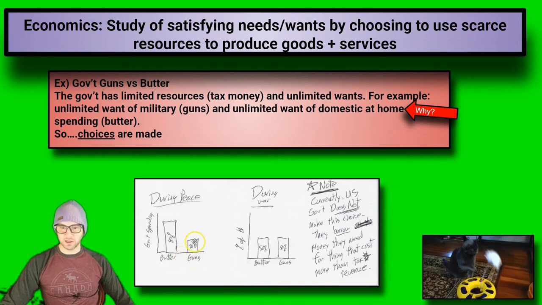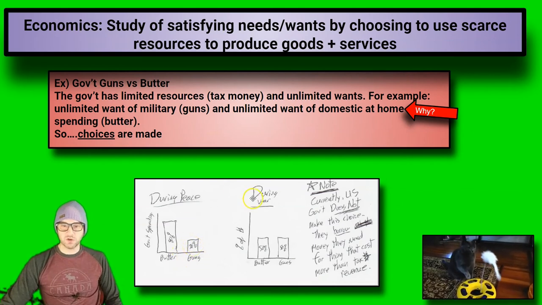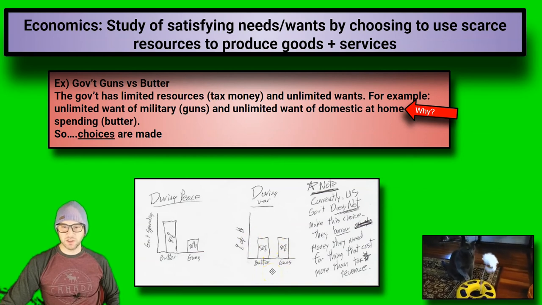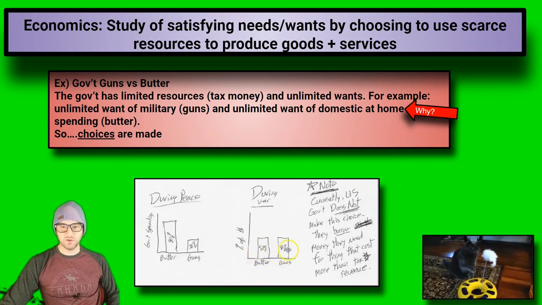Now, the military is ready during peacetime, but if there's war, then more money must be spent. So during war, and these numbers are, as far as I can tell, what happened during World War I and World War II, the government borrowed more money and they spent more money on the military. So let's say during World War I and possibly II, 50% of government spending went to domestic issues at home and 50% was funneled into the military.